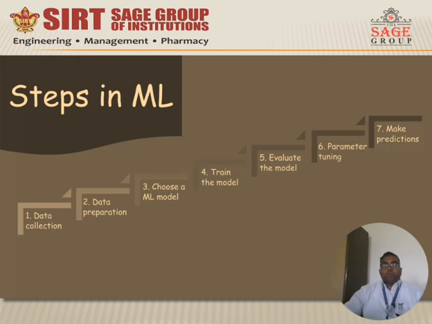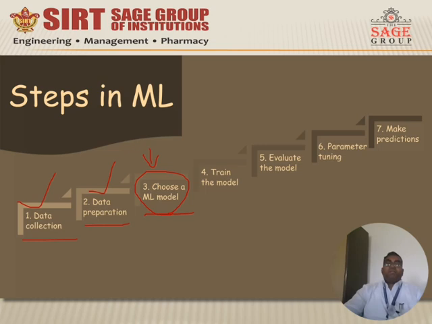Now, what are the basic steps in machine learning? In the previous slide, we saw that we have data as an input to a machine learning algorithm, and it provides the machine learning model. So here is the third step where we introduce the machine learning model. Before this, we have to go through two particular steps: data collection and data preparation.